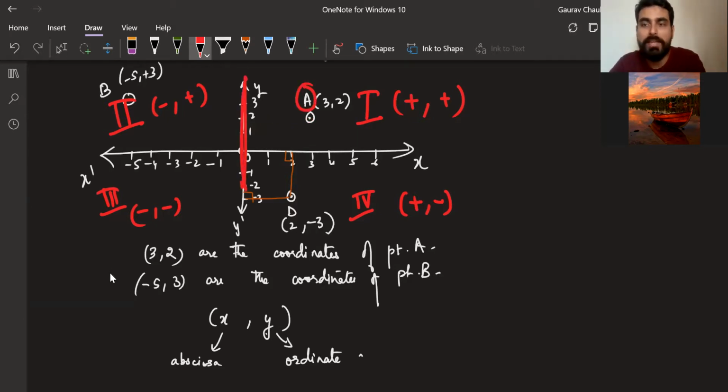How many units far is it from the y-axis? To find the distance, go ahead. 2, sir. How, Bindu? If I go 2 units here, I will only reach here. I have not reached it.